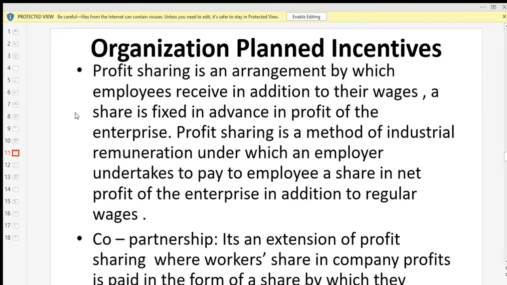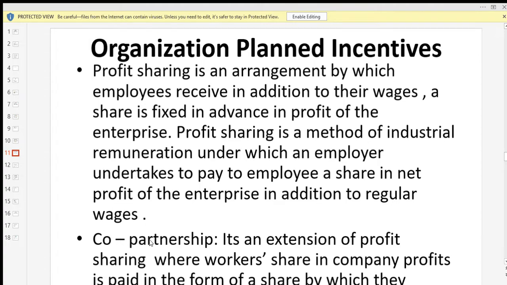So when the company makes profit, they can decide to share with its employees. When it makes more profits, they give you money that is not part of your wage. That is the profit sharing arrangement. So it's also an organization plan incentive.